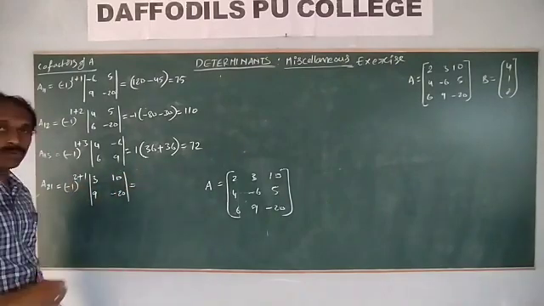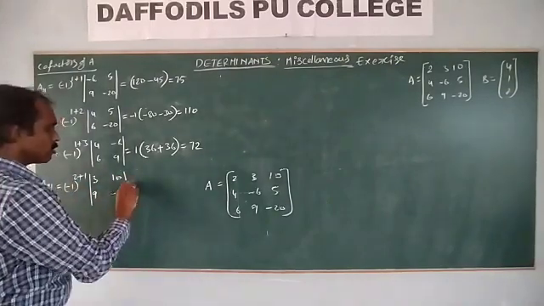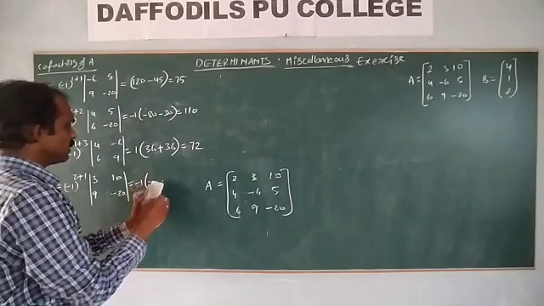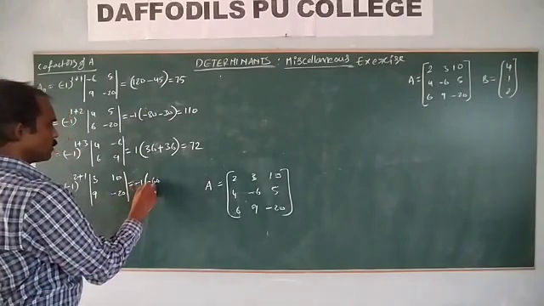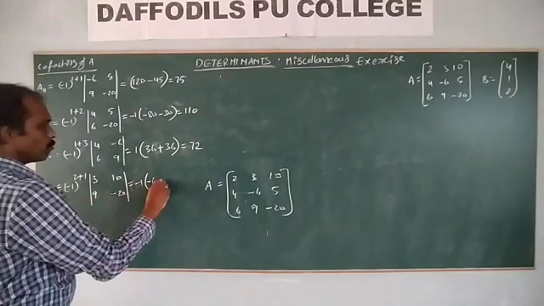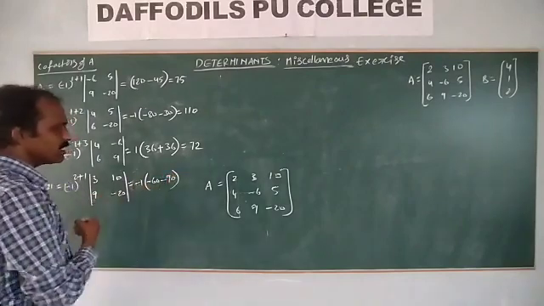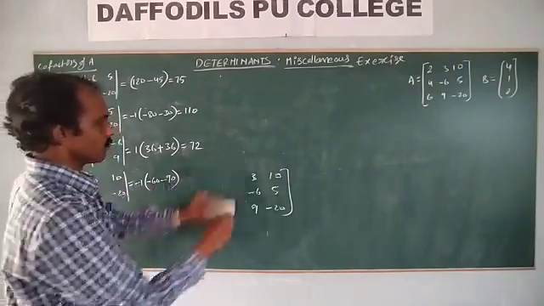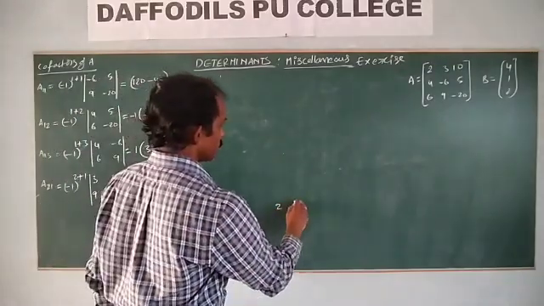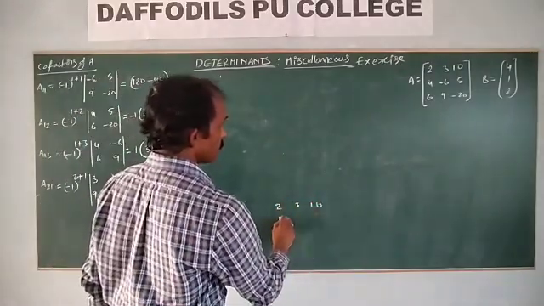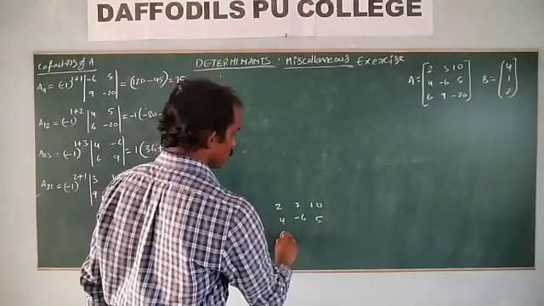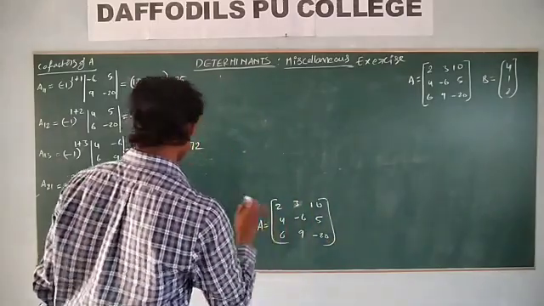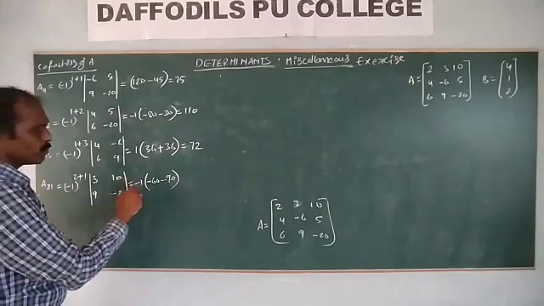This value is equal to minus 1 to the power of 2 plus 1, an odd number, so this is minus 1 times minus 60 minus 90, which is minus 150. Minus into minus gives plus 150.